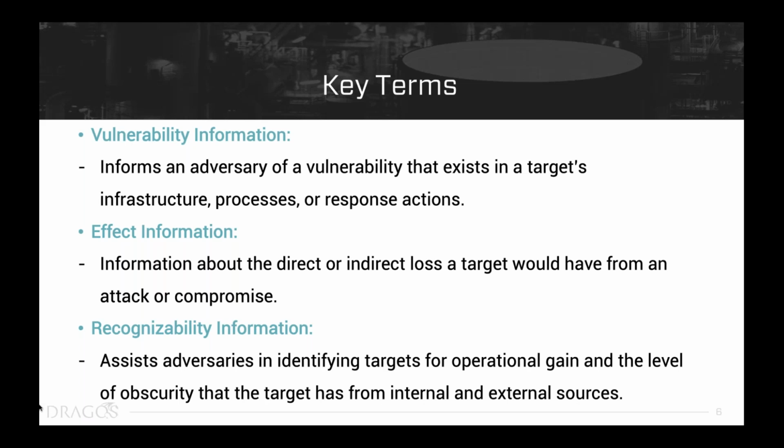So you have to think of the vulnerabilities in the entire process, including the potential individuals that know everything. The effect information, so this would be information about the direct or indirect loss a target would have from an attack or compromise.